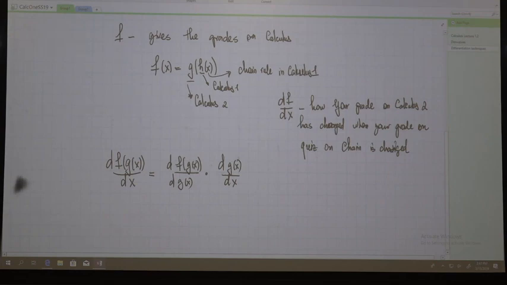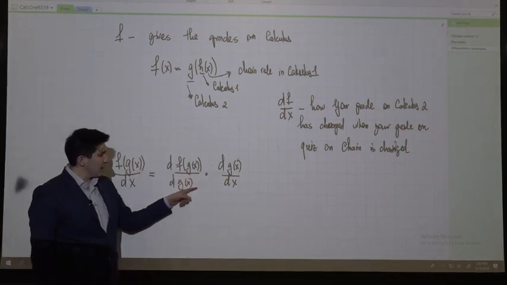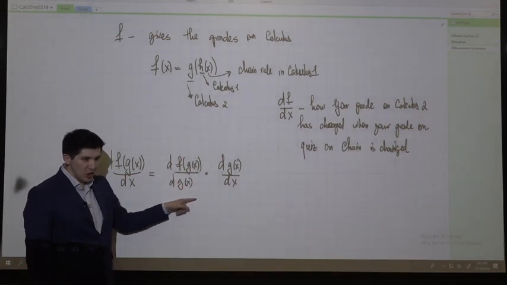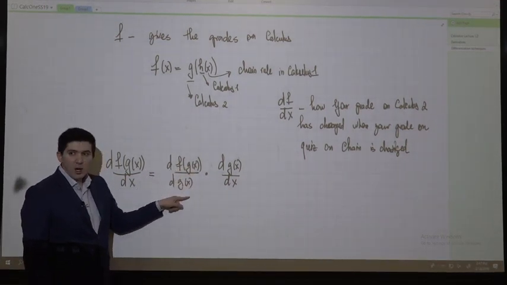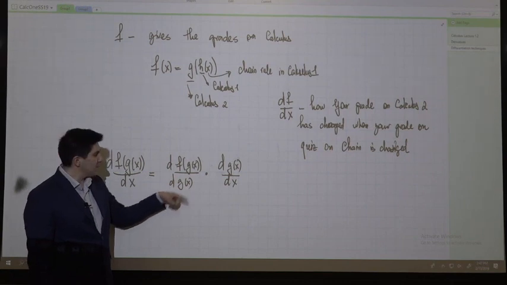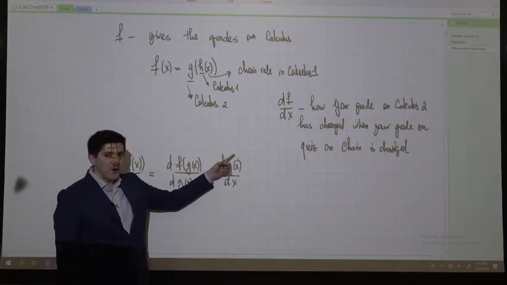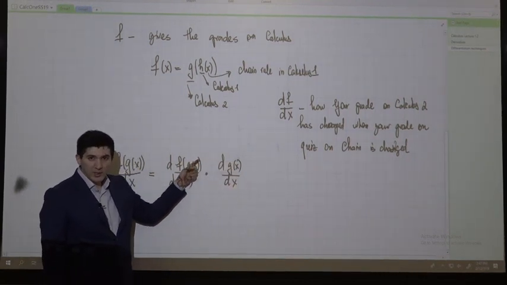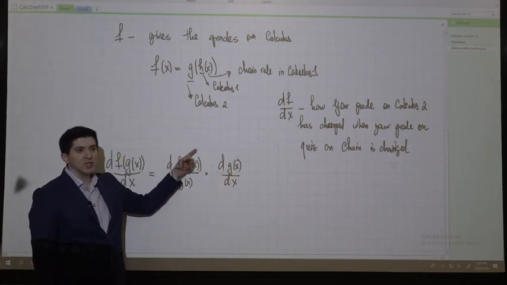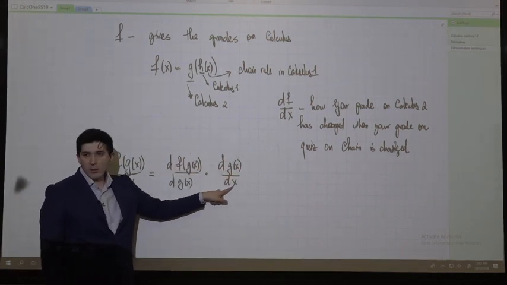In terms of our example, it means find how your grade in Calculus 2 is changing if you change the grade in Calculus 1, and multiply this by the rate of change of your Calculus 1 result when you change the quiz results.